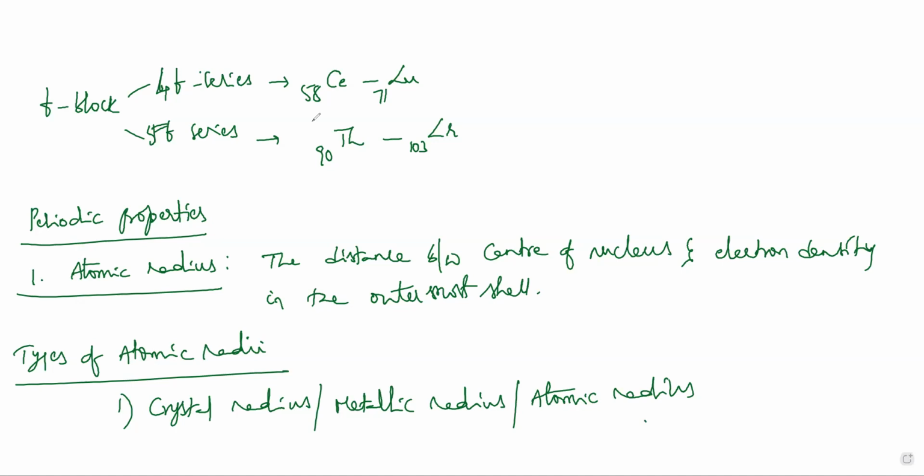Second type is a covalent radius. Now, what is covalent radius?